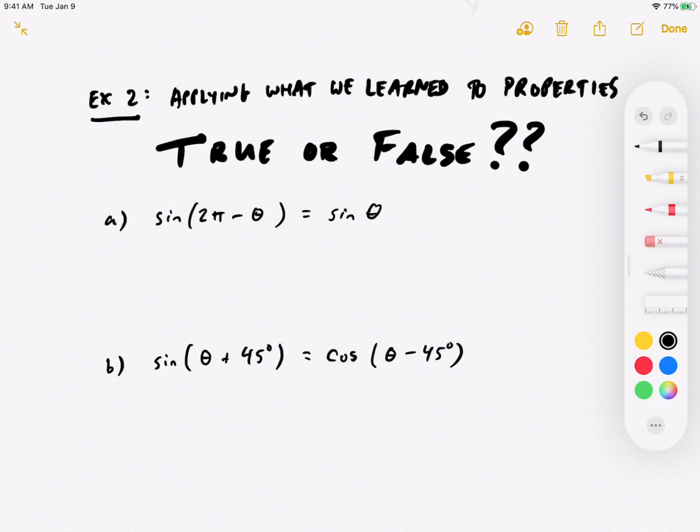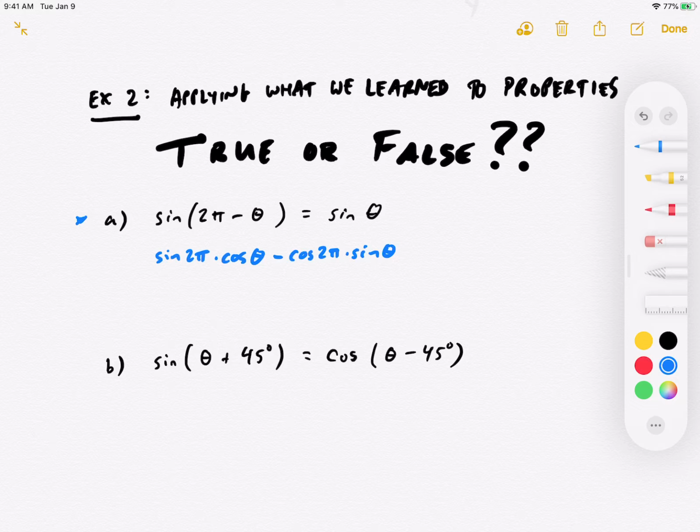So what that might look like, for example, in letter A, if you wanted to know whether sine of 2 pi minus theta was equal to sine of theta, you could apply the sine difference identity, which would be sine of the first angle times cosine of the second minus cosine of the first angle times sine of the second.